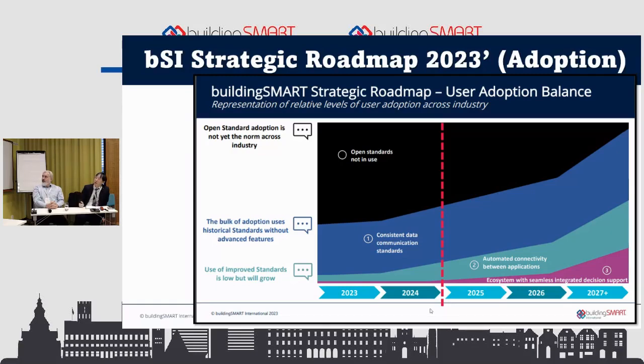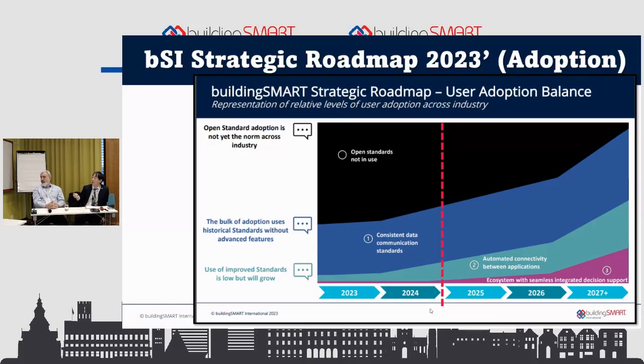It means my understanding is the file-based BIM federation is consistently done on the construction sites. And then from 2025, automated connectivity between applications. So it means it's related to the OpenCDE API, and then it automatically connects each data of CDE, the interoperability.